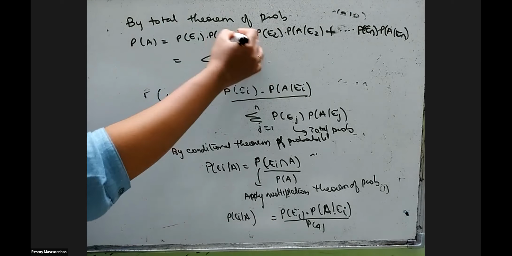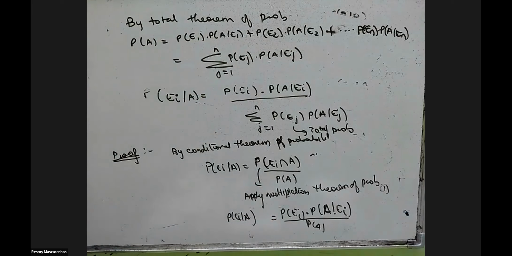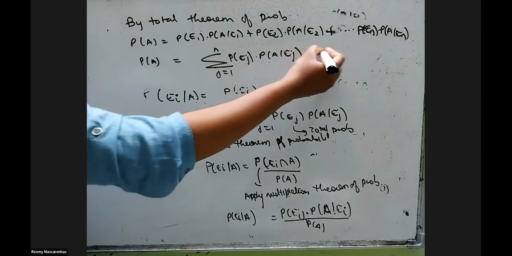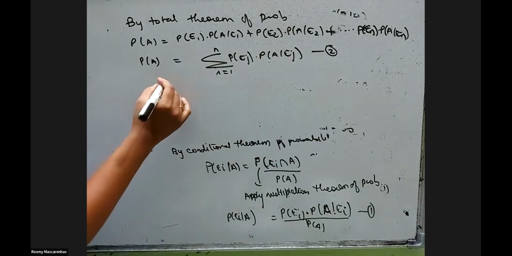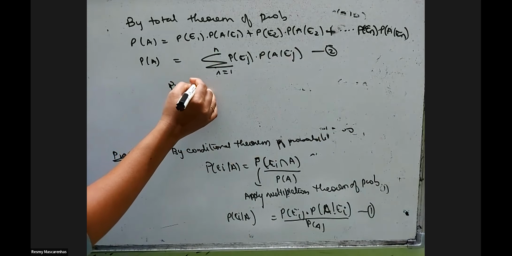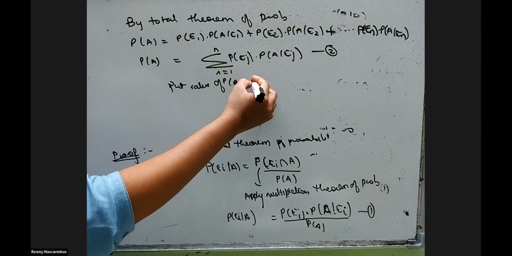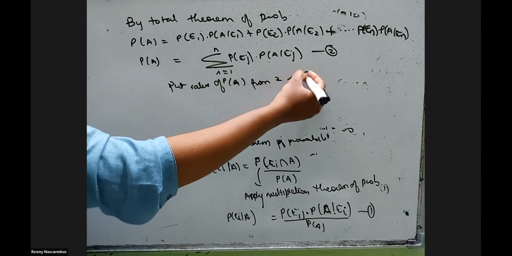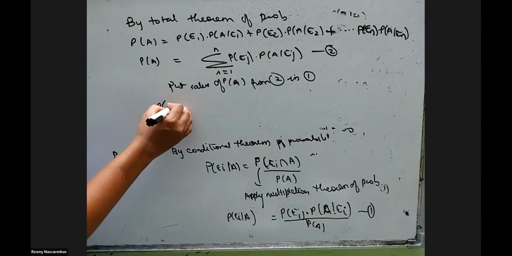Only this is changing, the rest is remaining the same. This is the total theorem of probability already done in the previous class. So the same value P of A you substitute here, and that gives the answer.